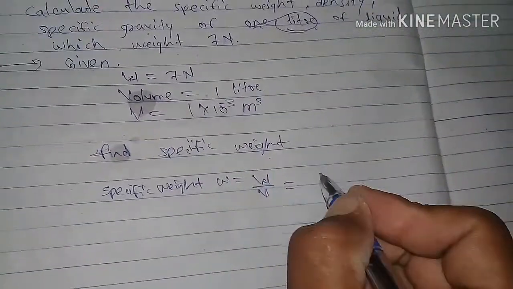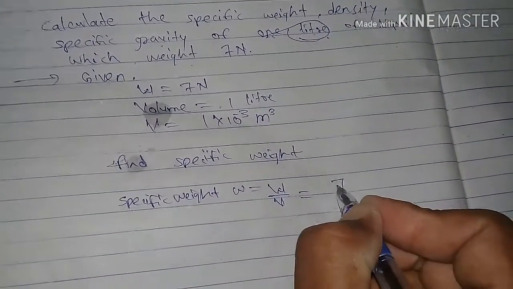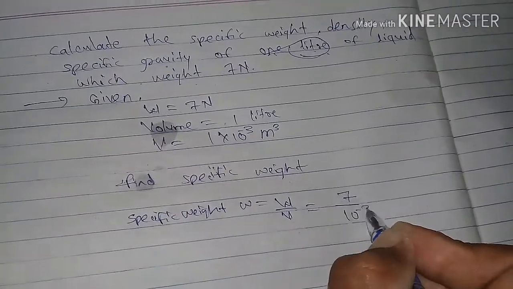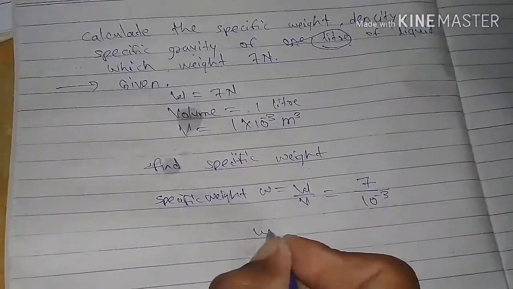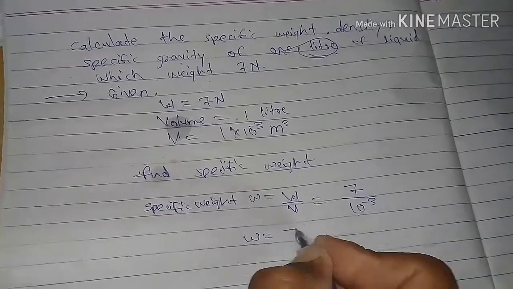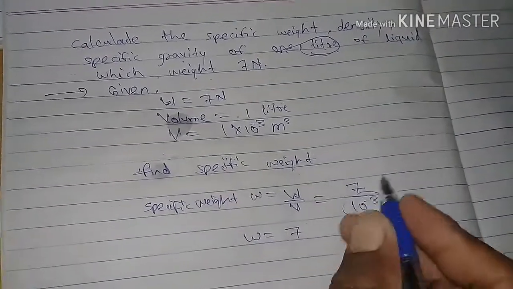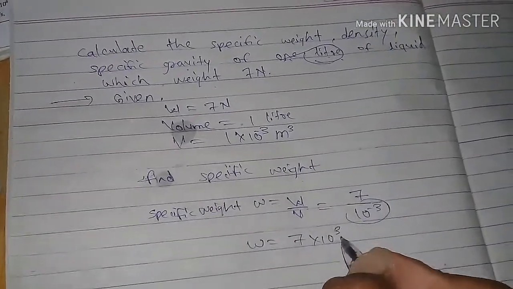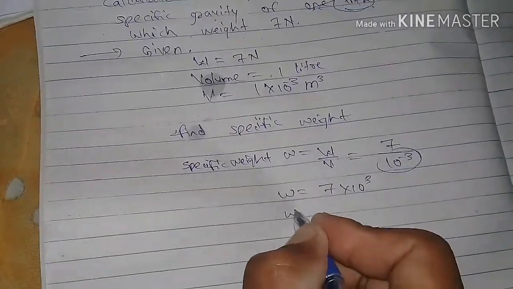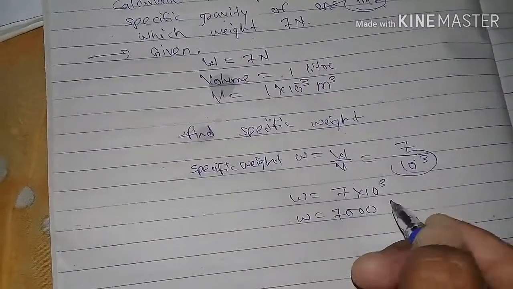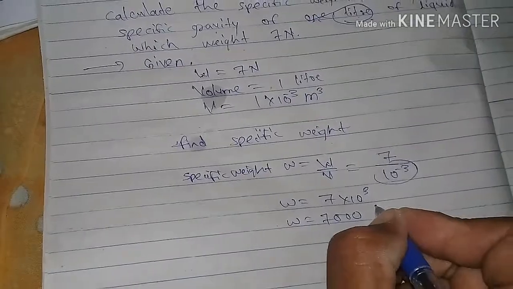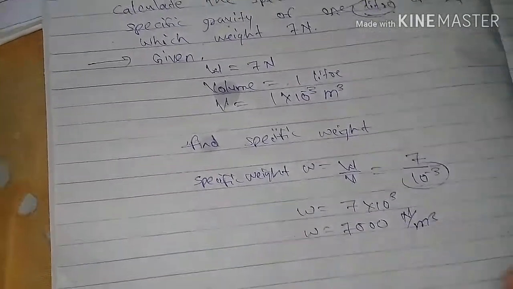It is equal to 7 upon volume, 10 raised to minus 3. It is equal to 7 into 10 raised to 3, which is 7000 Newton per meter cube.